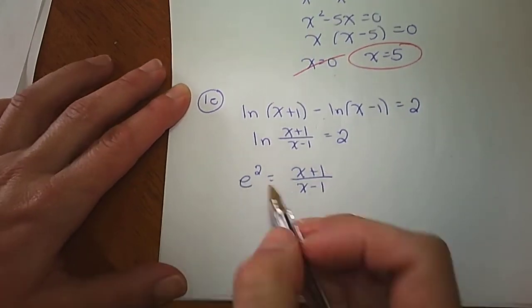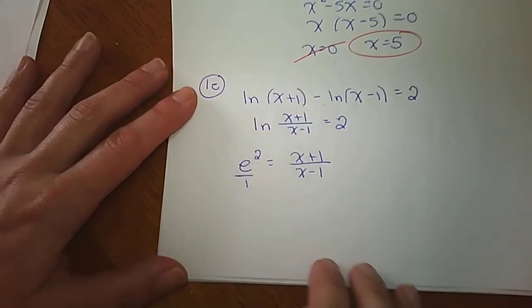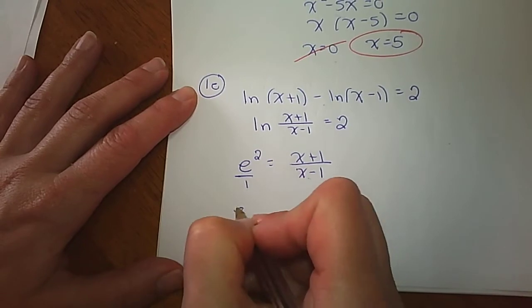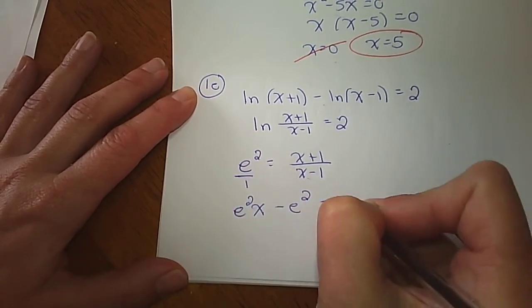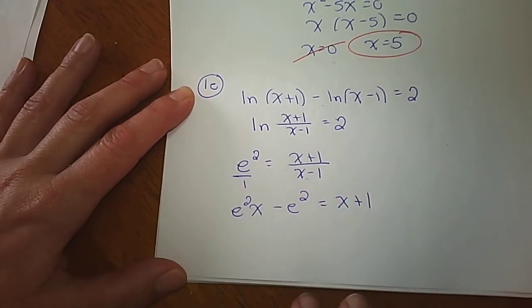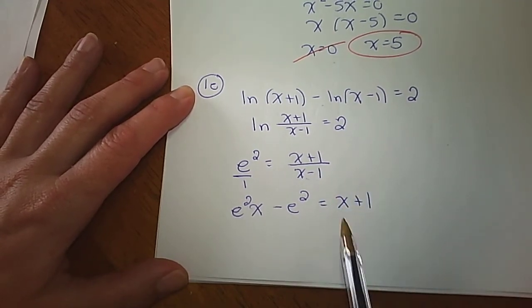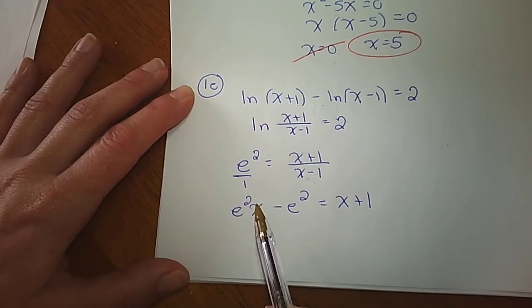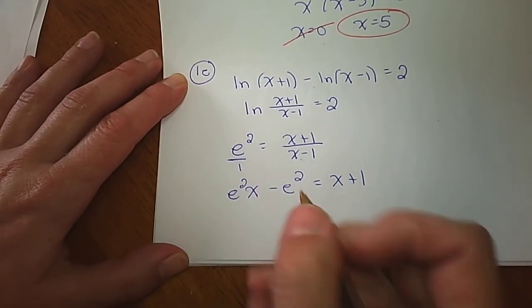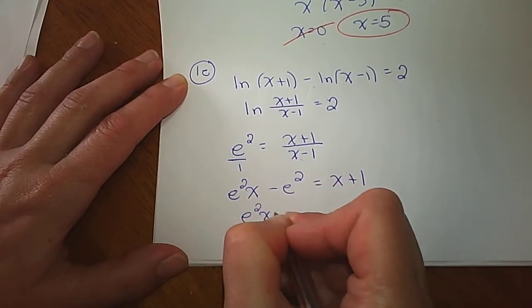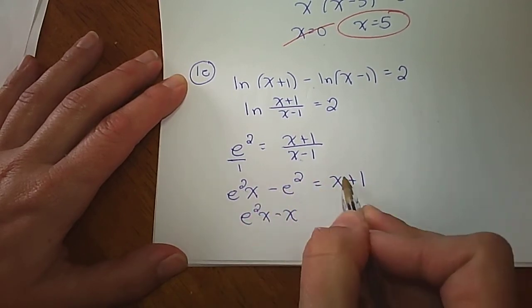This is a fraction, so I'm going to make this look like a fraction. I'm going to cross multiply. e squared x minus e squared is equal to x plus 1. Now we're trying to solve for x, so everything with x has to get over here, everything without x moves over. So I'm going to subtract this x over and add over e squared.